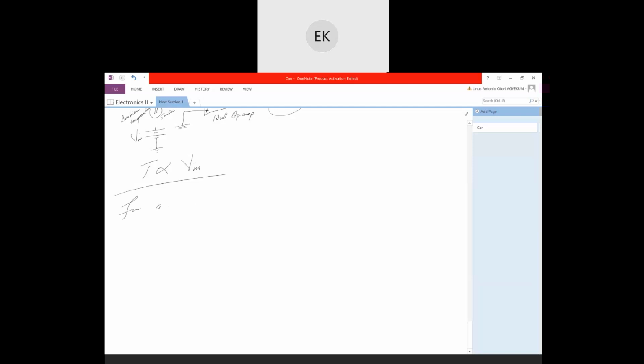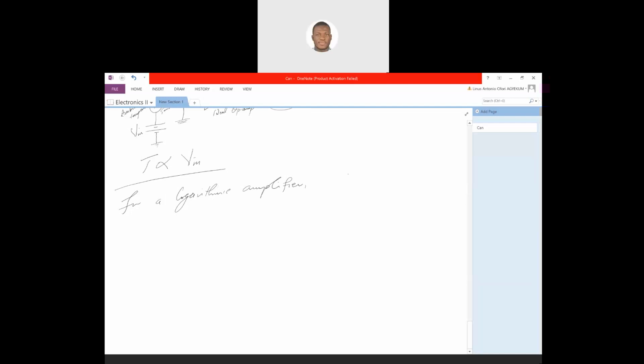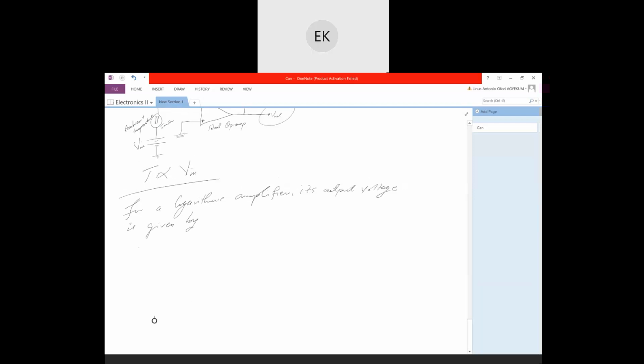So for a logarithmic amplifier, its output voltage is given by V out equals minus VD1.